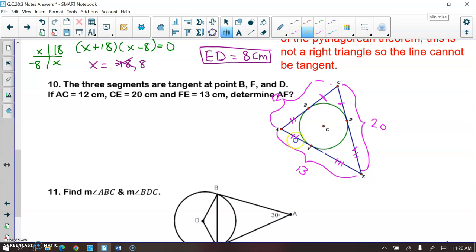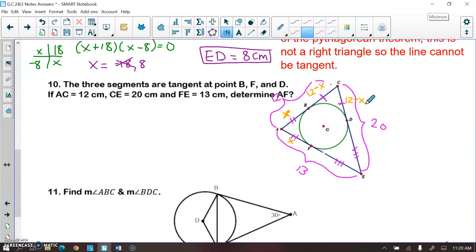So I'm going to label AF x. If AF is labeled x, that means AB would need to be labeled x. And if AB is x and AC is 12, then BC should be labeled 12 minus x. And since BC and CD are congruent, CD is also going to be labeled 12 minus x.